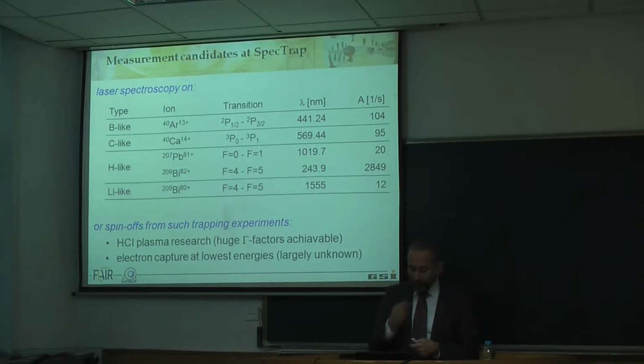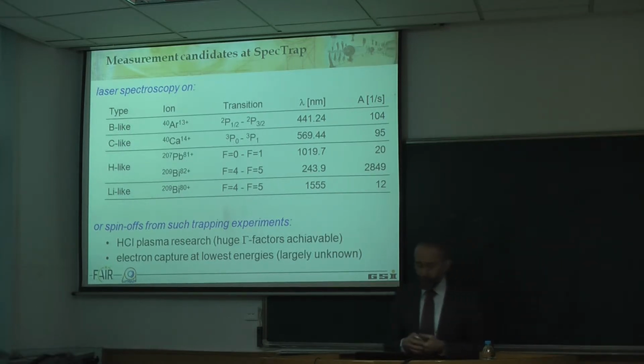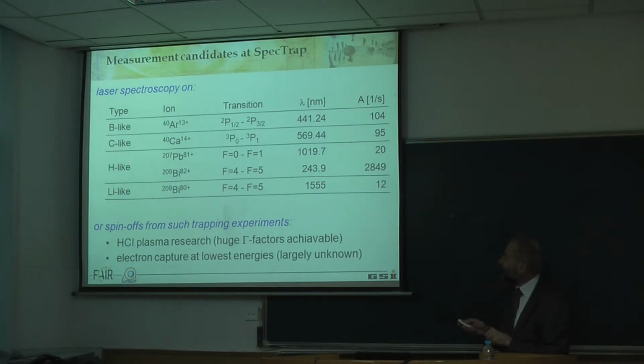And if we can measure the ground state hyperfine structure in both hydrogen-like bismuth and lithium-like bismuth, that will allow us to eliminate some of the uncertainties that come in from the interaction I talked about between the electron and the nucleus, and that means that we can combine two measurements to get a better test of QED than we can get from either of these measurements on their own.